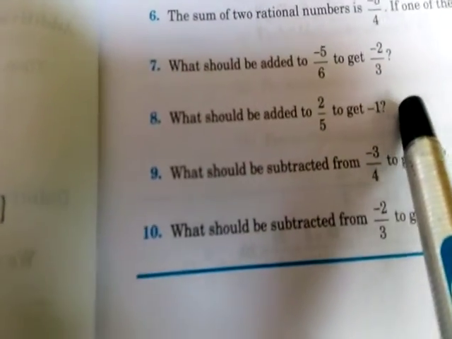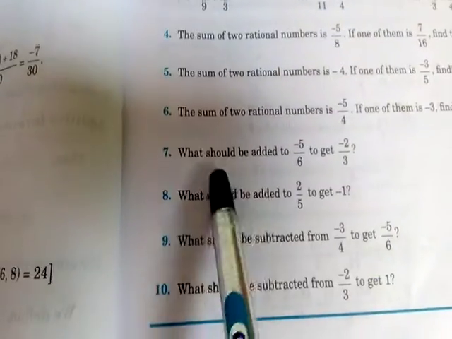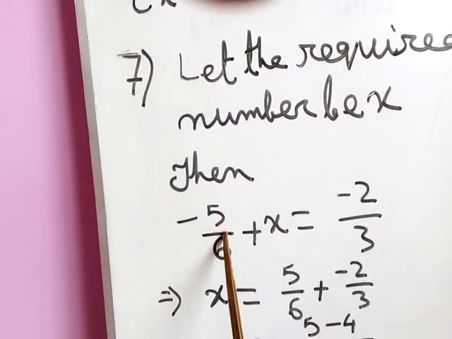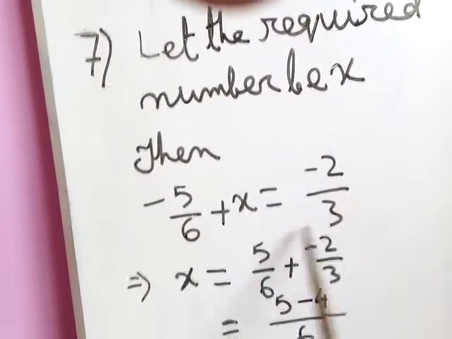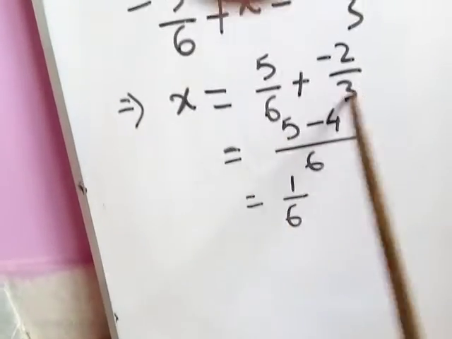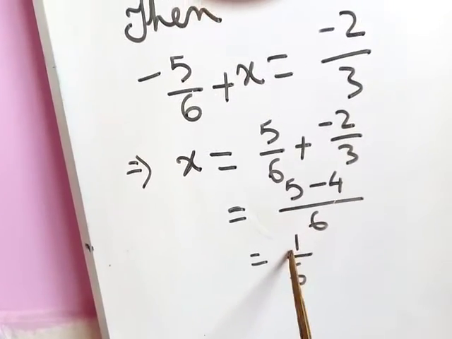What should be added to minus 5 by 6 to get minus 2 by 3? Let the required number be x, then minus 5 by 6 plus x equals minus 2 by 3, then x equals 5 by 6 plus minus 2 by 3. Ultimately, subtracting this you will get 1 by 6.